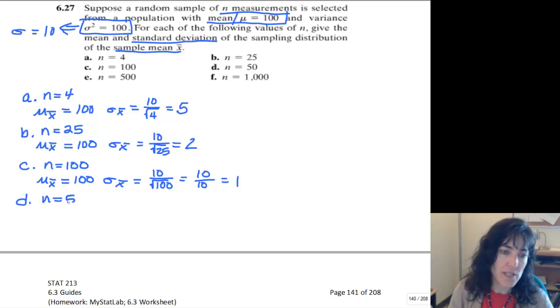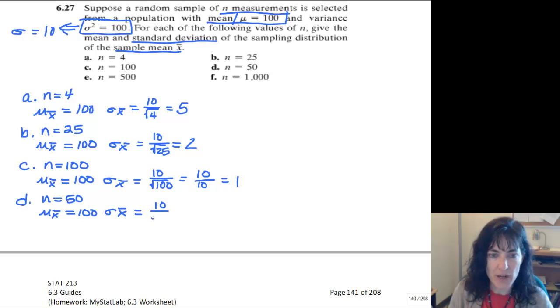N equals 50. I might need my calculator on this one. Mean of x bar, still 100. Sigma of x bar is going to be 10 divided by the square root of 50.